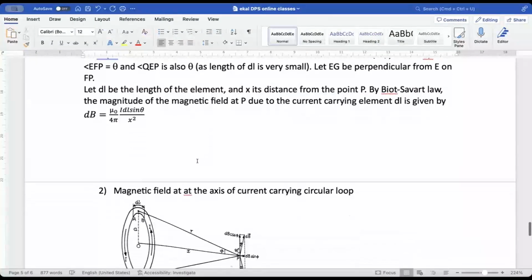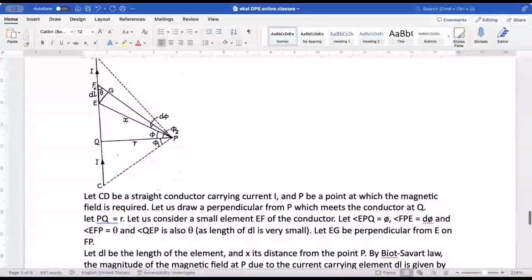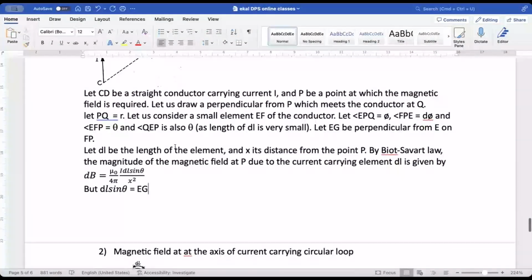So dl sin theta is equal to EG, which is equal to x d phi, right?